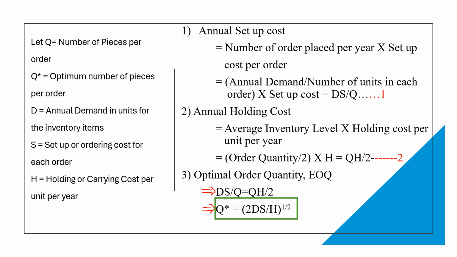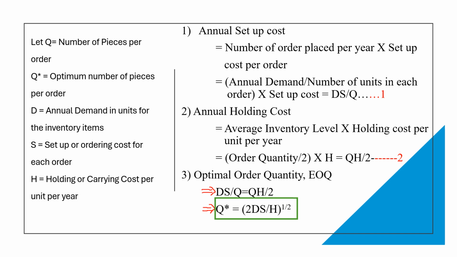How can you do that? Just observe the first part, annual setup cost. Annual setup cost is the number of orders placed per year times the setup cost per order. Suppose the number of orders you have given is 10, and setup cost per order is S, as already highlighted. The number of orders placed per year is equal to annual demand, whatever demand you have, divided by the number of units in each order.